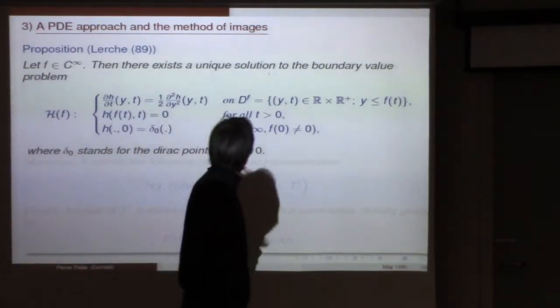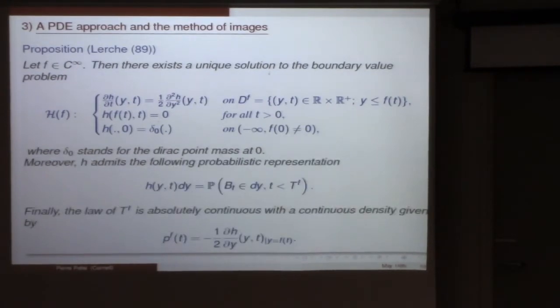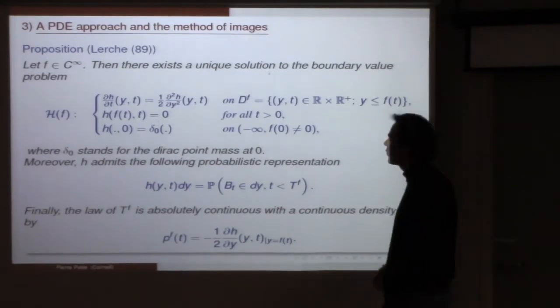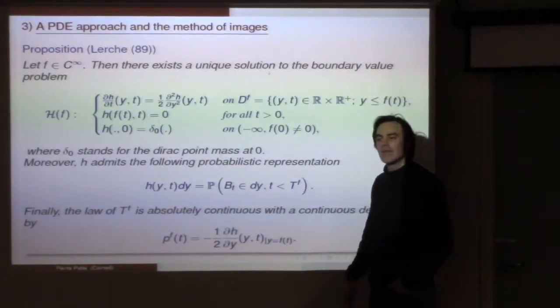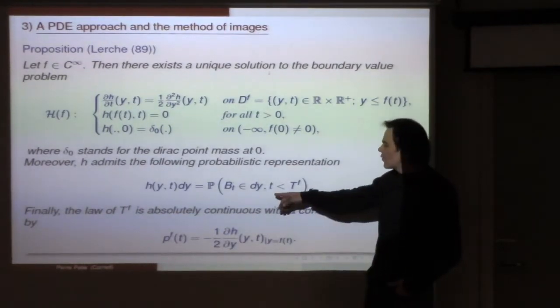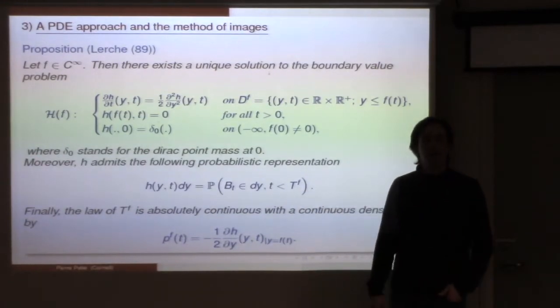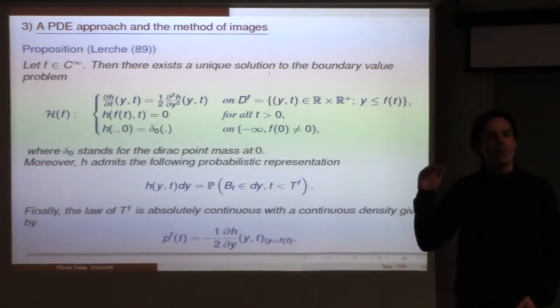Since we have a unique strong solution, you can use Ito's formula and show that the solution of this boundary value problem has a probabilistic interpretation, which is simply the transition probability of the Brownian motion killed when it hits this boundary.